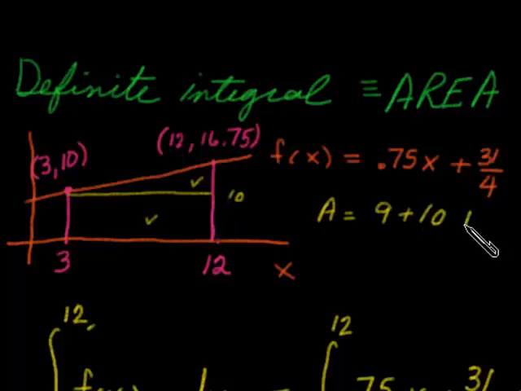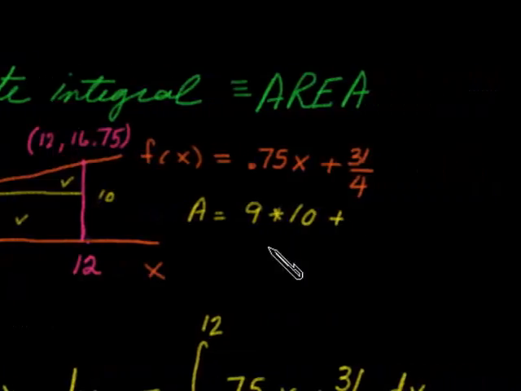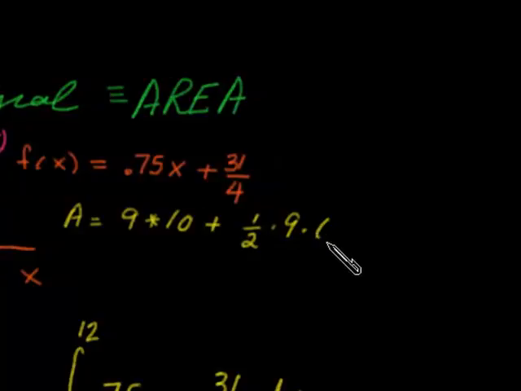And then all I need to do is add on top of that the area of the triangle, and triangles are always 1/2 the base, which would be 9, times the altitude or height. And here's a point 10, and here's a point 16.75, so this would be 6.75, and that is what I would just call a calculator problem.